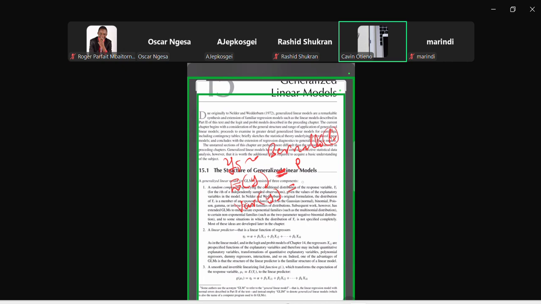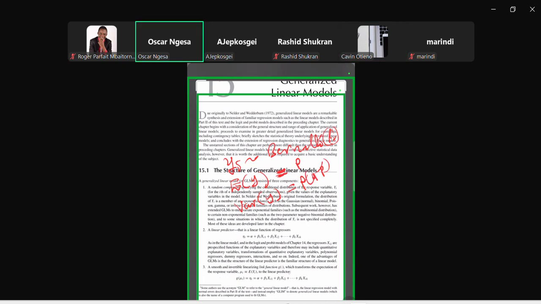I think the variance was also defined as p, if I'm not wrong. Are you looking into your notes or guessing? So it was p times (1 minus p). Is that okay? Yes.